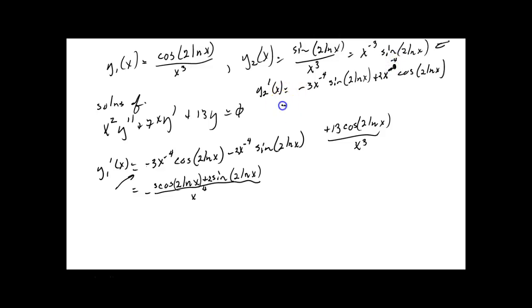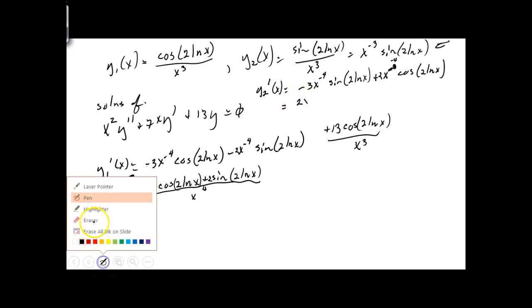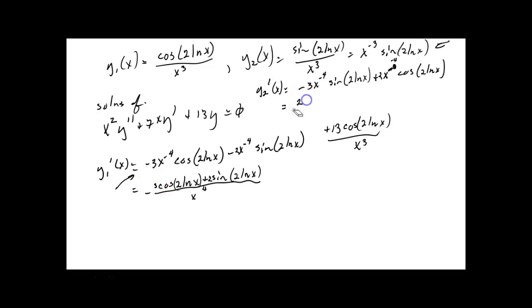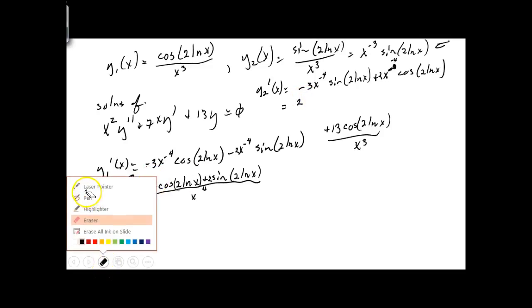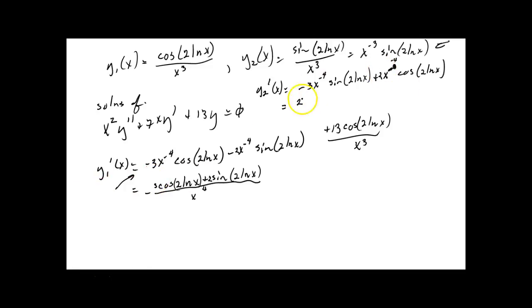So let's rewrite this. I'm going to put the cosine in front because it's positive. 2 cosine 2 log x, minus 3 sine 2 log x.